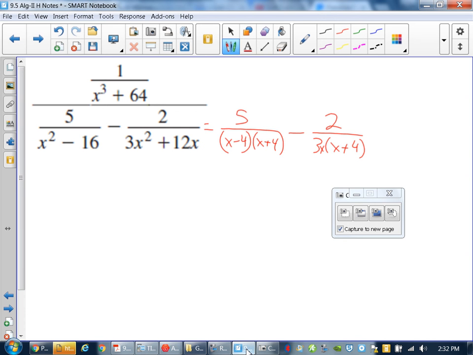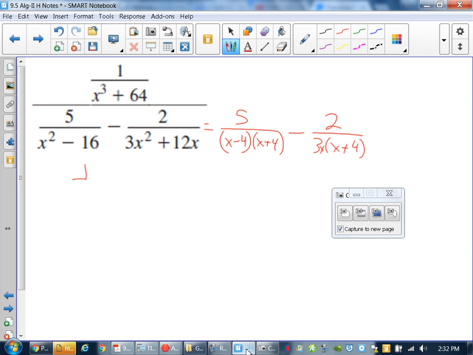Everybody okay with me on that? What do those two denominators have in common? They have the x plus 4 in common.